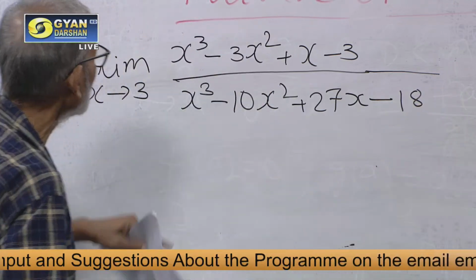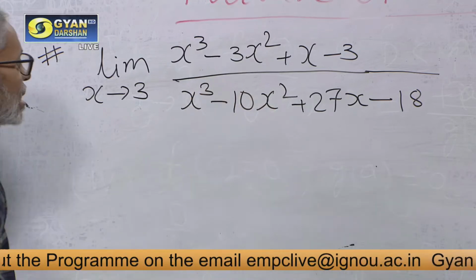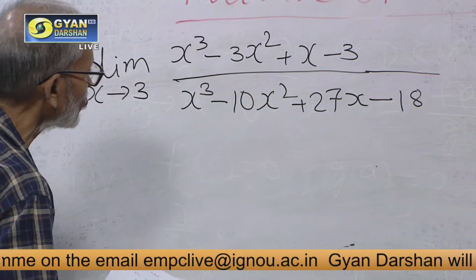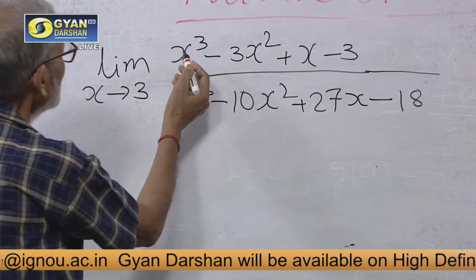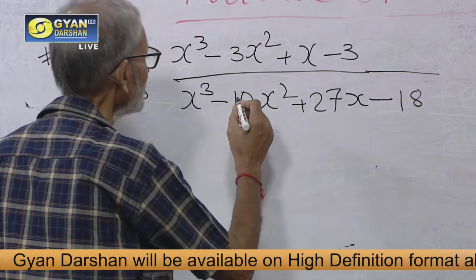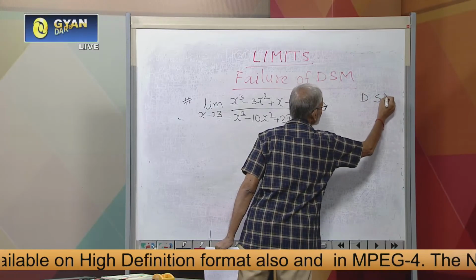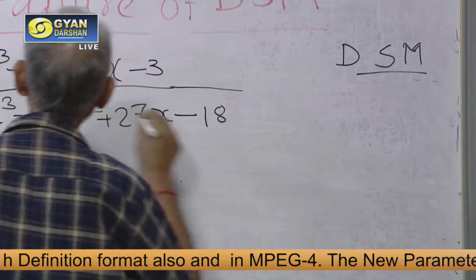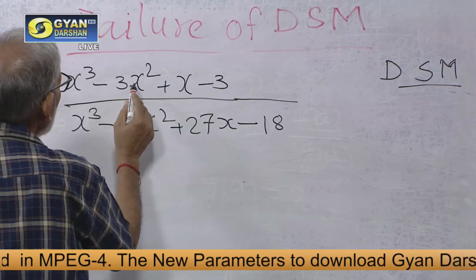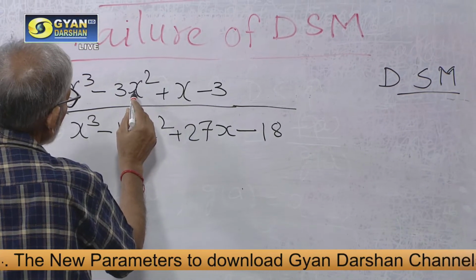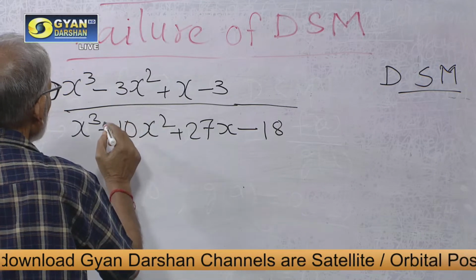So, two polynomials are there. In the numerator there is one polynomial, and in the denominator another polynomial function. If you put x equal to 3 here, in direct substitution method, what happens? Put 3 here, so it becomes 27 minus 27, 3 threes are 9 into 3, 27.